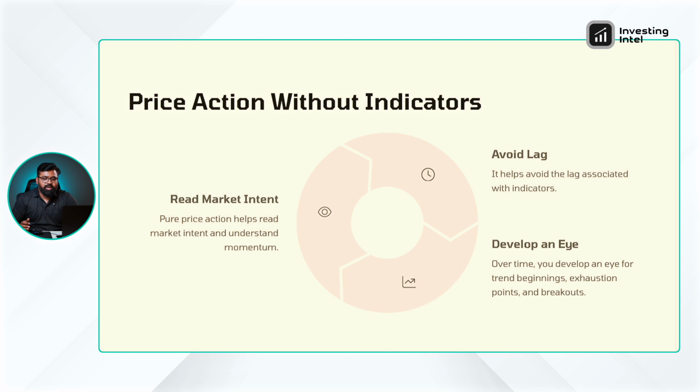So don't depend on the indicator, understand price action. Initially it will be difficult to understand, but as you practice and give it your time, slowly and steadily, it will take just 2 to 3 seconds to understand just by seeing the chart.